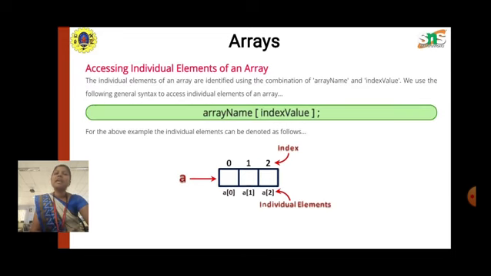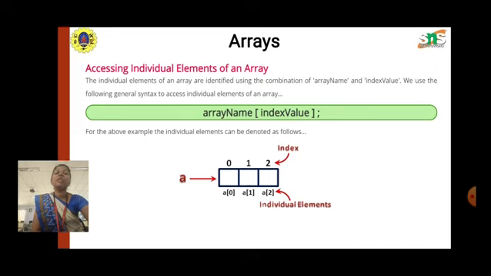Next, accessing individual elements of an array. We need to access each and every individual element in an array. That will be displayed here like A of 0, 1, 2. This is said to be an individual element, and the index is mentioned above as 0, 1, 2.